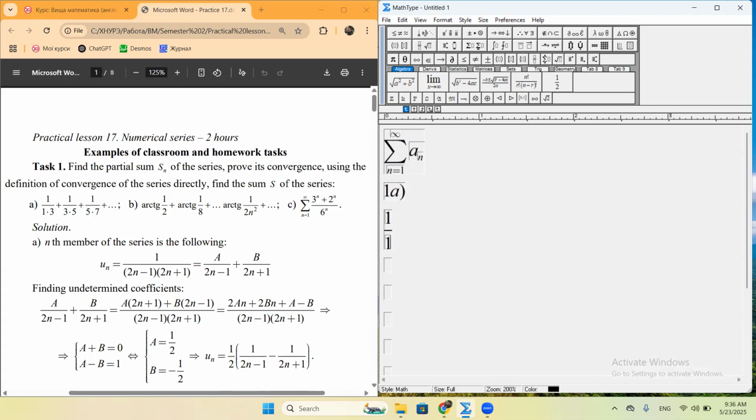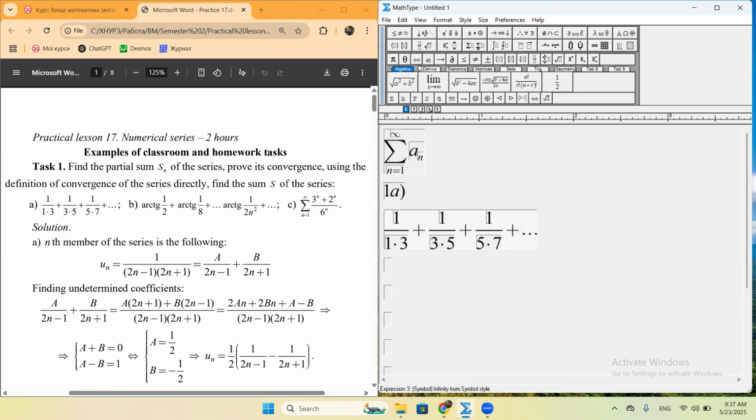So 1 over 1 multiplied by 3 plus 1 over 3 by 5 plus 1 over 5 by 7. And it continues to infinity.